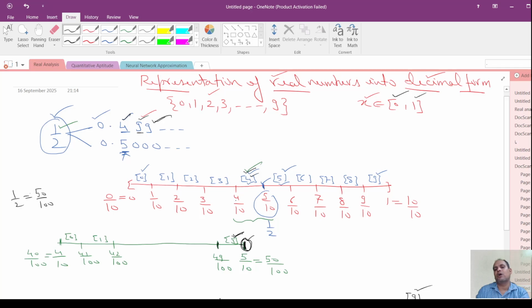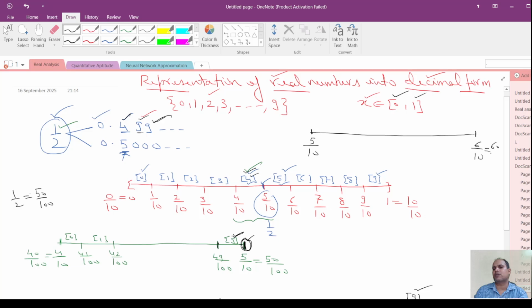So, this is one of the representations, which we started by selecting the interval labeled as box 4, that is the interval from 4 by 10 to 5 by 10. Now let us select the interval from 5 by 10 to 6 by 10 and keep on dividing it into 10 equal parts.